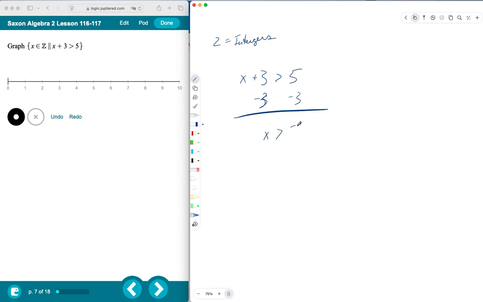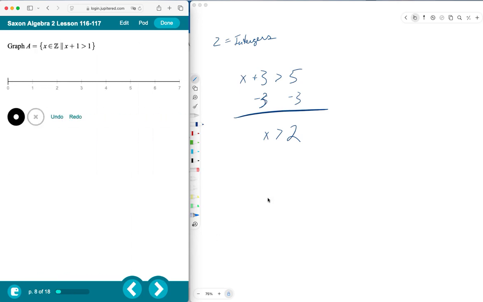So x is going to be greater than 2. So if it's integers and x is greater than 2, then we would put a dot on the 3, the 4, the 5, the 6, the 7, the 8, the 9, the 10, and so forth, right? Because x is greater than 2, and we're only graphing integers. Does that make sense? That's what we're doing.